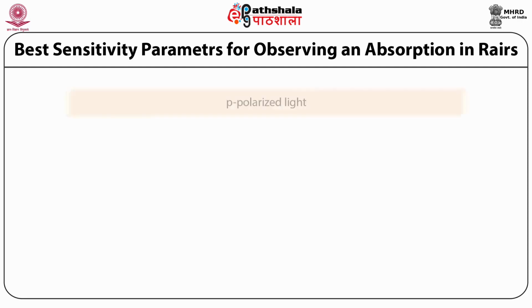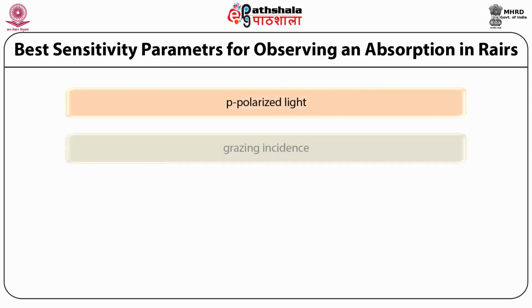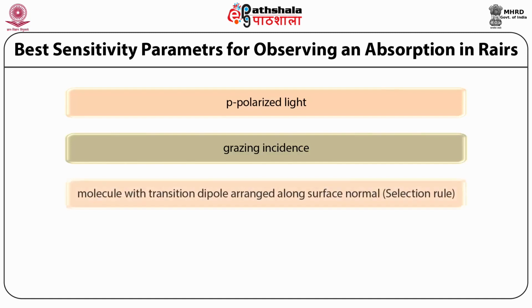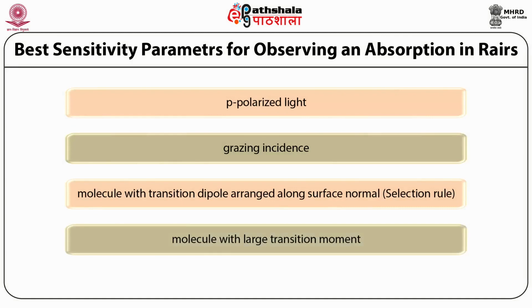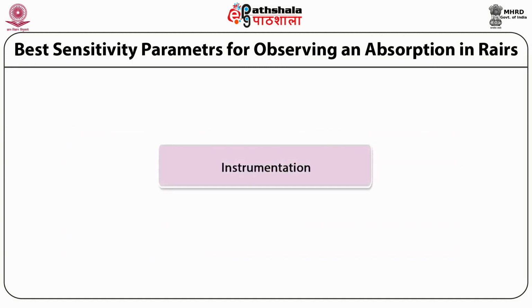The parameters are P-polarized light, grazing incidence as we call it, molecules with transition dipole arranged along the surface normal, which emerges out of the selection rule, and molecules with large transition moment. Now this explains the kind of transitions which one gets, and under different modifications the various IR spectroscopies or vibrational spectroscopies that would arise.